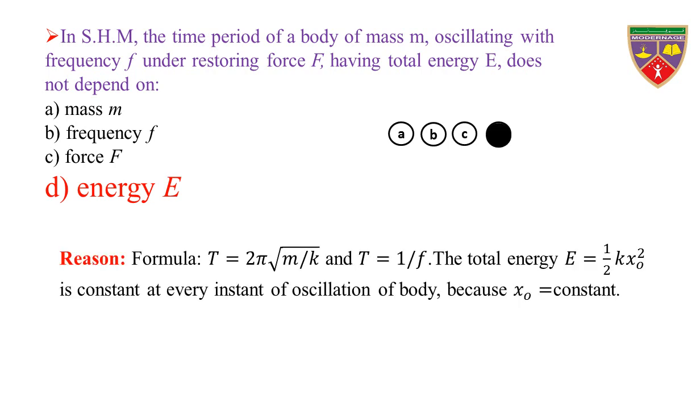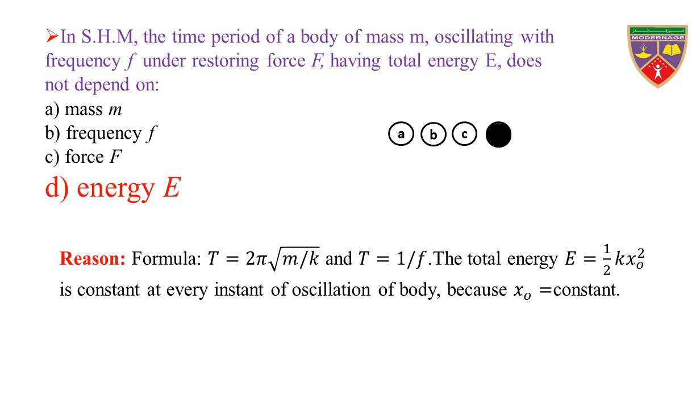Reason. Formula. Time period T is equal to 2 pi into square root of m divided by k, which means that the time period depends upon the mass of the body and spring constant, and it also depends upon the frequency, because T is 1 divided by f. The total energy E is equal to 1 by 2 k x naught square.